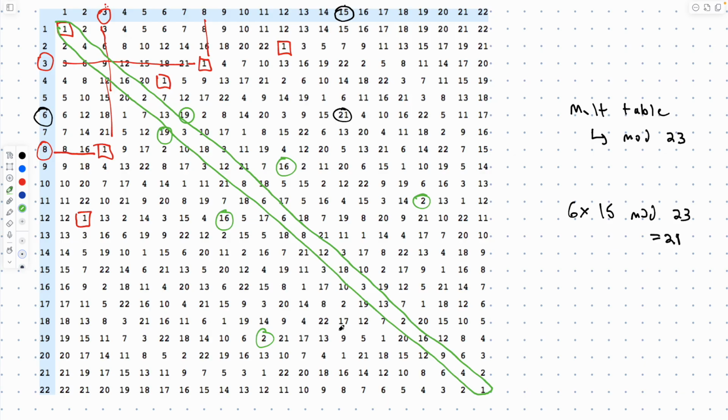With a table like this, you could work out more complicated expressions, but what I'll tell you is just that multiplication works the way that you would expect it to work. And because we're modding by 23, all the numbers in the table are no bigger than 23. We never see any numbers bigger than 22, I should say. Okay, that's the multiplication table.